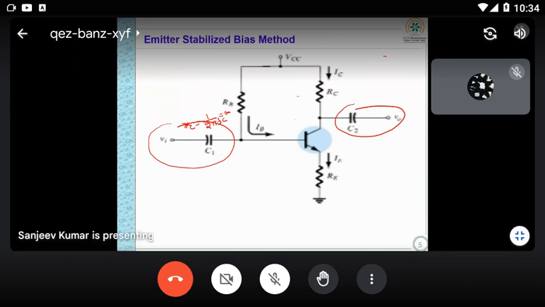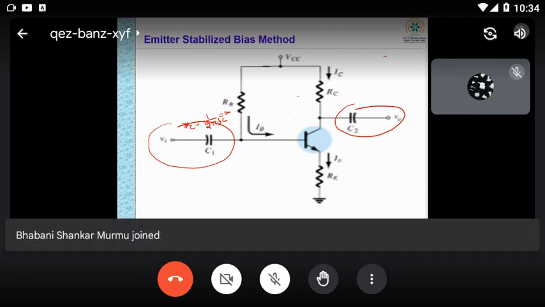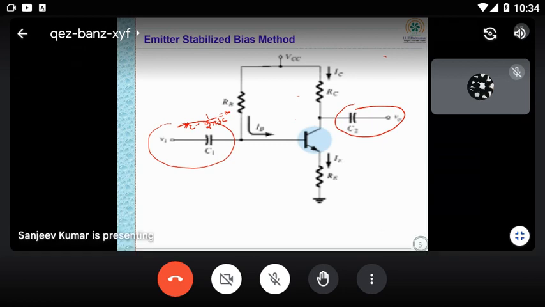So the first step you have to write: in DC biasing, the frequency is 0, so XC will be infinite. That's why the capacitor behaves as an open circuit, and AC sources can be neglected or made 0. So the new circuit for DC will be this one.